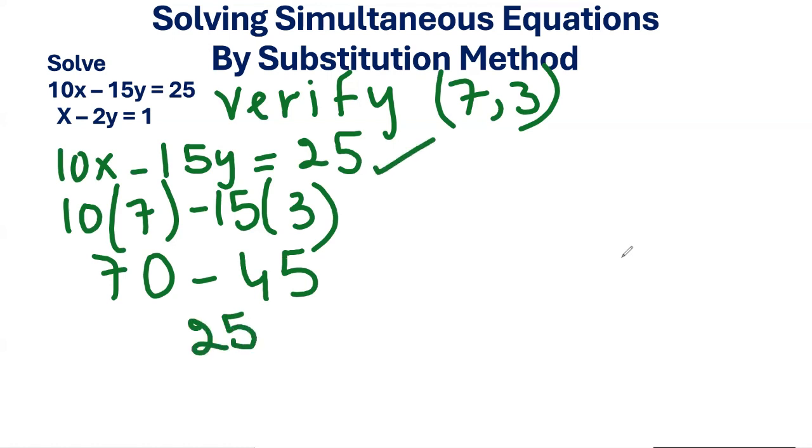You got the right-hand side. Both the sides are equal, so the equation is satisfied. 7, 3 is done. So you have solved these two simultaneous equations by substitution method.